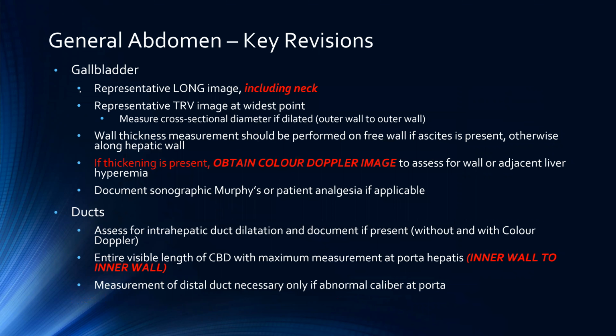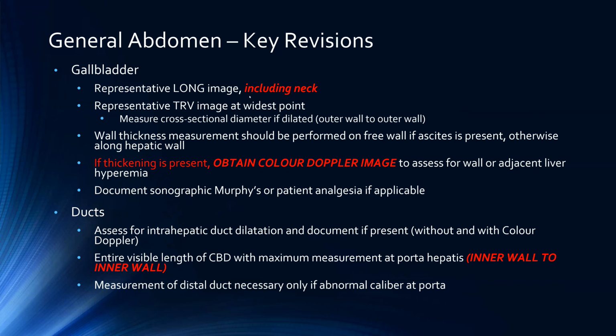Staying in the right upper quadrant in terms of the gallbladder and biliary ducts, really, again, just representative images in long and transverse of the gallbladder. But when imaging the gallbladder, particularly important to include the neck.